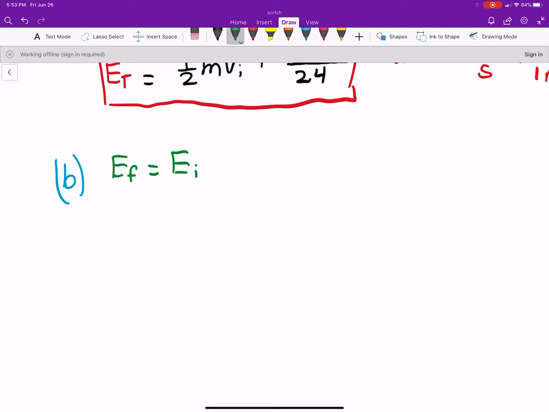So let's go ahead and work through this. The final energy, what does it have? Well, it has kinetic energy plus potential energy. Because it'll be some height in the air, there will be potential energy from gravity. Whereas initially, just like we said before, it's only going to have kinetic energy. I should make a note that this is final, initial.